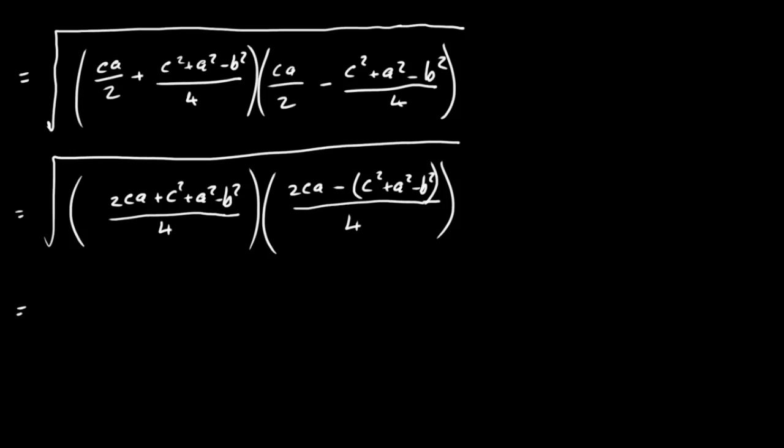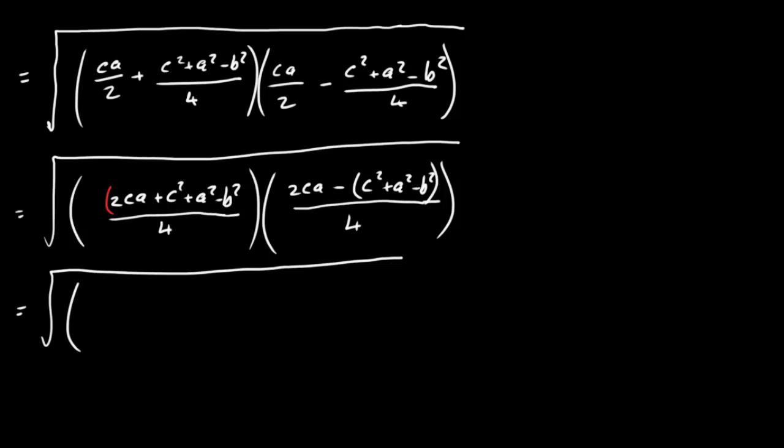Okay, next line. Let's just see if we can simplify all of this. Now, if you look at just the top line, the numerator from this fraction here, you have 2CA plus C squared plus A squared minus B squared.